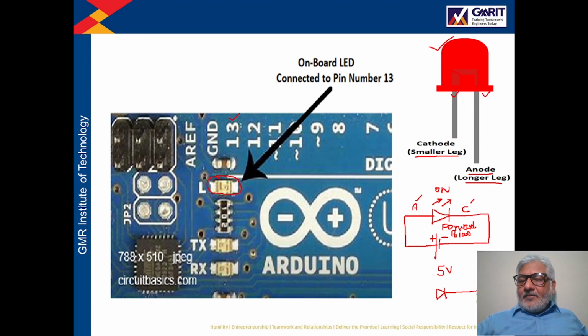Now the second connection is like this. If you take this LED, this side it is anode terminal, and this side it is cathode terminal, and we have connected this LED to a battery of 5 volt. Now we have connected in such a way that, see, this is the negative terminal of the battery and this is positive terminal of the battery. So if we connect the negative terminal of the battery to anode and positive terminal of the battery to cathode, then this LED is reverse biased.